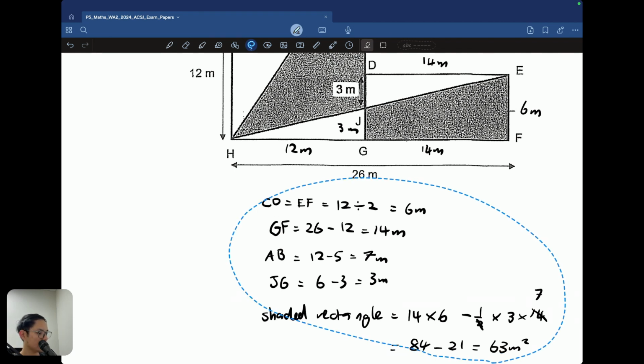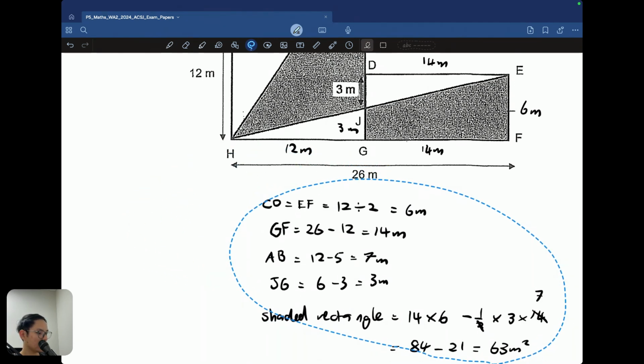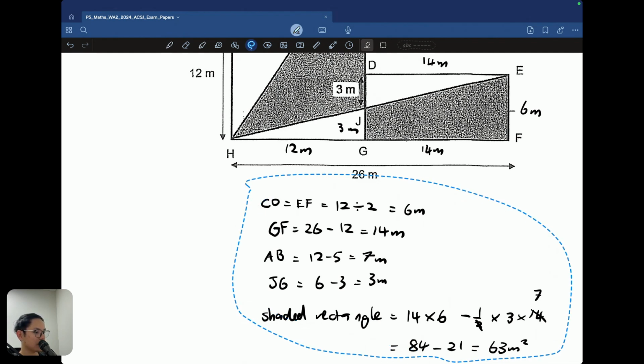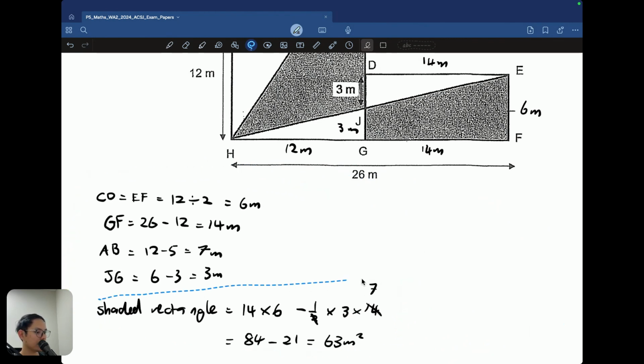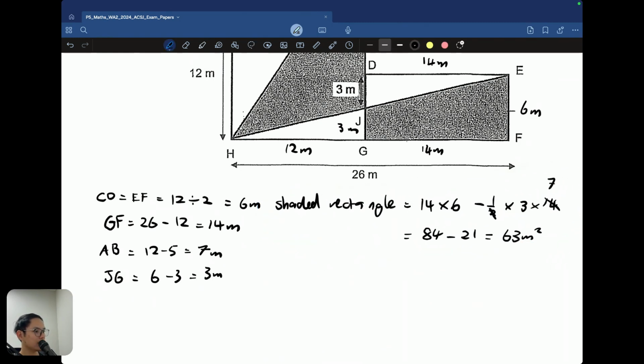Okay, so let me just put it like that. But yeah. Okay, great. So you have the shaded rectangle. That's what we see over here. So now we have the shaded rectangle. I'm going to put a line across.